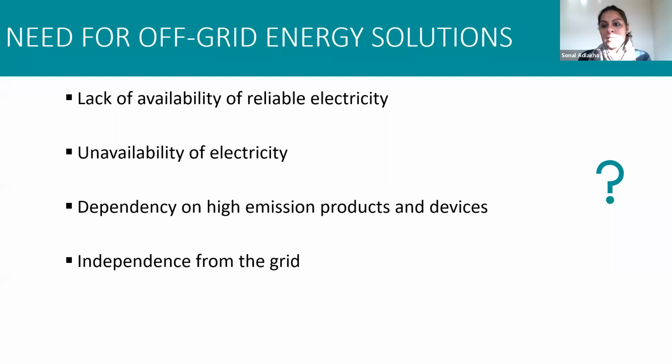And nowadays it is also being talked about, setting up off-grid energy to be away from the main grid, so the idea is you have your independence from the grid. There is no availability, and people are dependent on high emission products and devices. So this kind of technology and usage finds its application in those areas. Next slide.